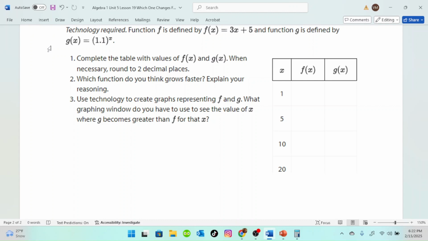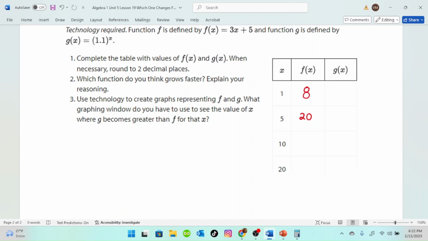So first we'll look at f of x. We're going to take each number and we're going to substitute it in for x. So when x is 1, f of x would be 3 times 1 is 3, plus 5 is 8. When x is 5, then f of 5 would be 3 times 5, which is 15, plus 5 is 20.